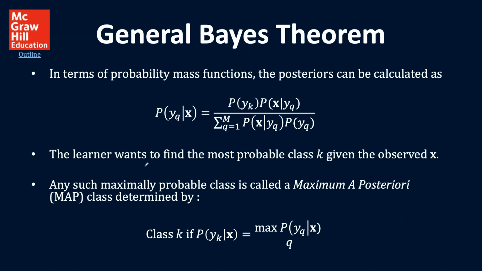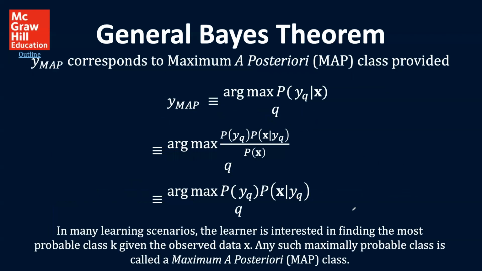The learner wants to find the most probable class k given the observed x. Any such maximally probable class is called a maximum a priori, or MAP class, which is determined by this equation. We've had some mathematical development here for statistical learning, but this is one of those things that is a good takeaway, having this MAP class determination.